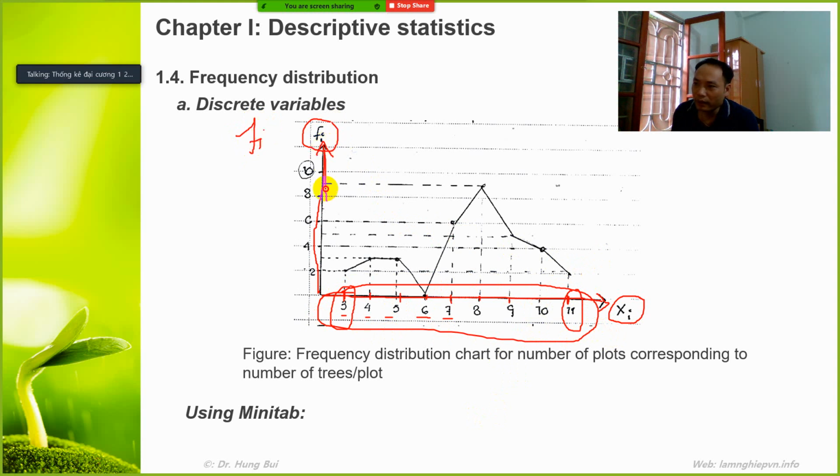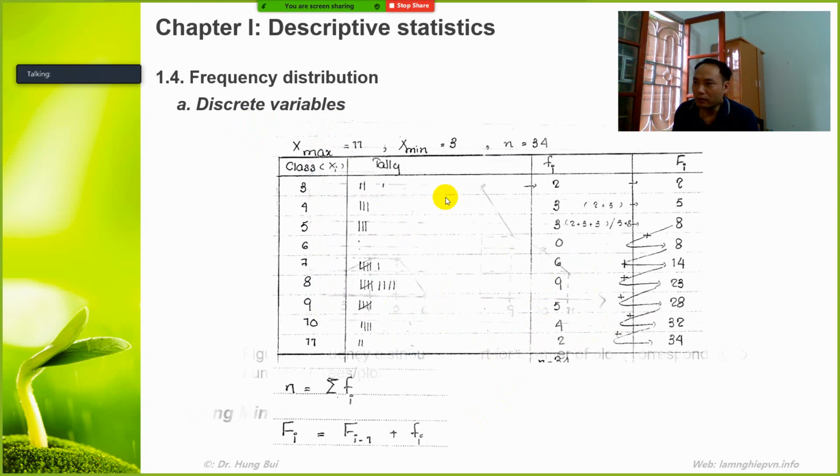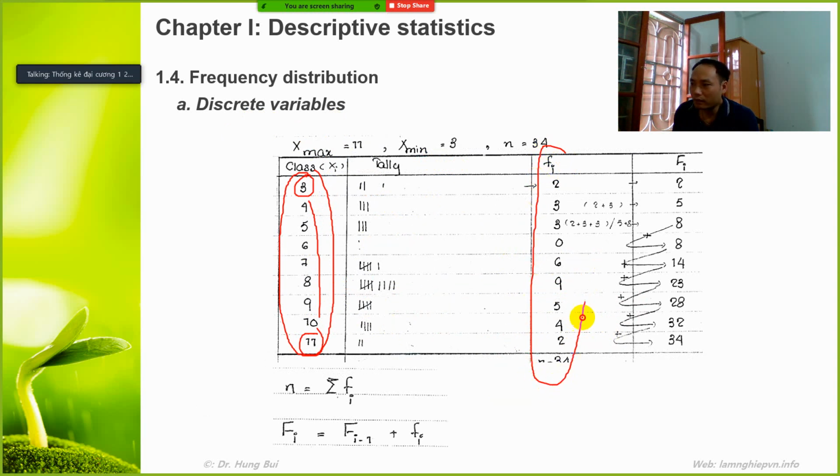Here's Fi. So look at this column, guys. What is the minimum and what is the maximum value? Tell me. Yes, very good. Minimum is 0 and maximum is 9.